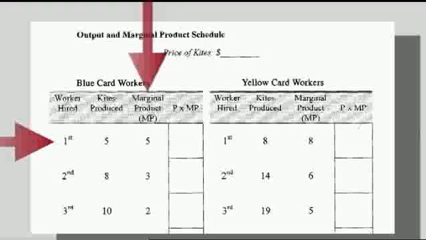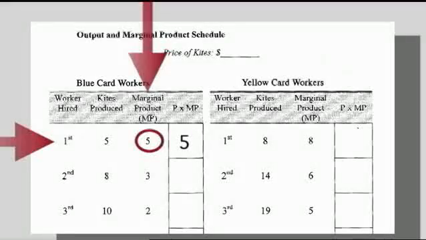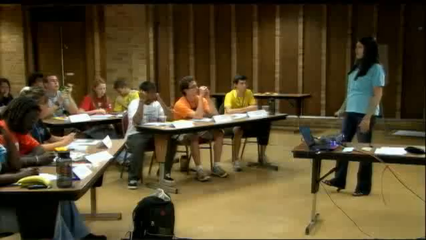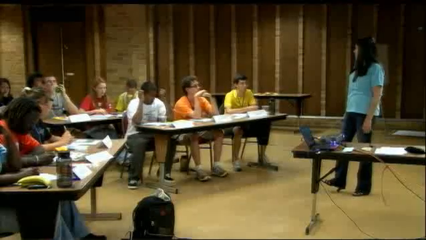So what's the additional number of kites that you get from hiring that first worker? 5. Okay? And now I want to know, how much would you be willing to pay that first worker that just made 5 kites for you? If kites are going for $1 a piece, how much is this worker worth to you? No more than $5, right?